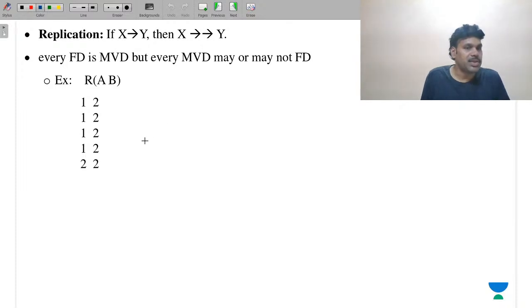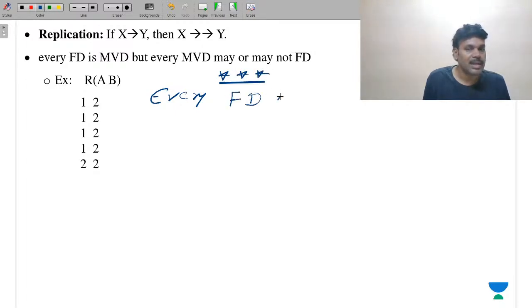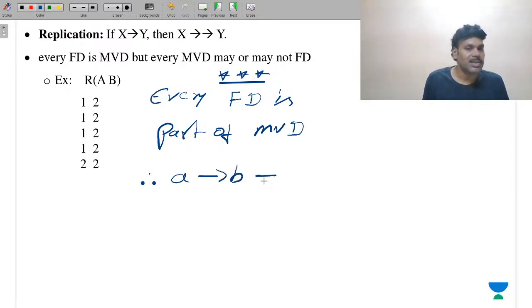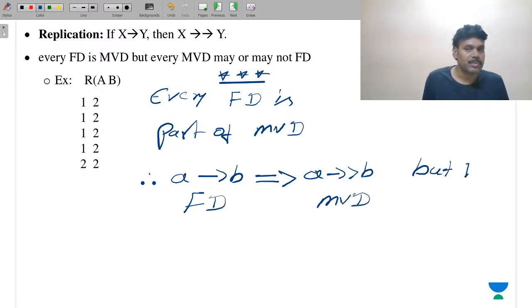Next, replication. What is a replication? This is a very important rule. Every functional dependency is part of MVD. Therefore, I can write A implies B in this sense, because every FD is an MVD, but the reverse is not true.